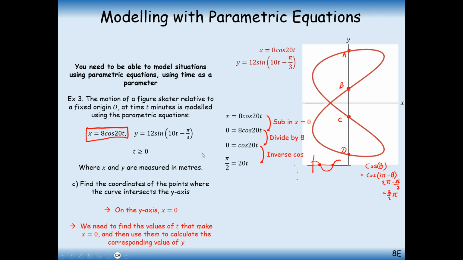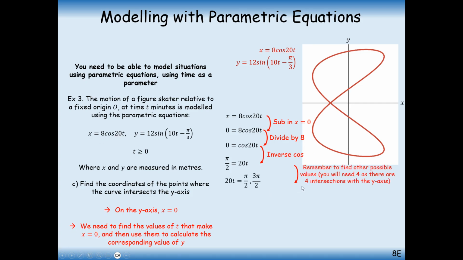So the first two principal values are pi over 2 and 3/2 of pi, and adding 2 pi to each of them, we will get 4 answers. Adding 2 pi to pi over 2 will give us 5 over 2 pi, and adding 2 pi to 3/2 pi will give us 7 over 2 pi.